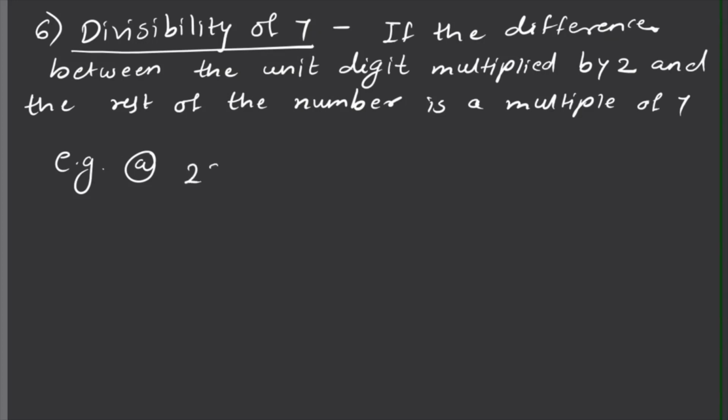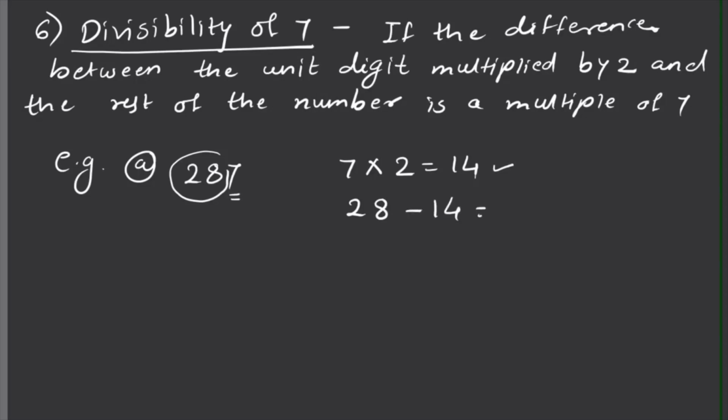287. In this number the last digit is 7. When we multiply that last digit by 2, we get 14, and the rest of the number is 28.